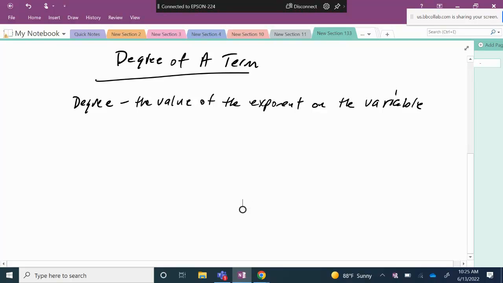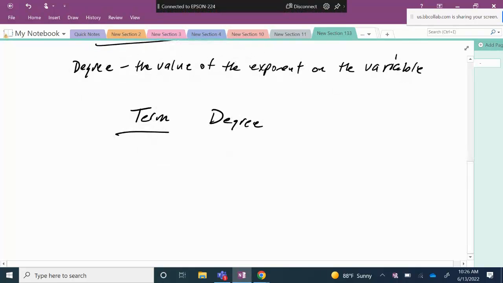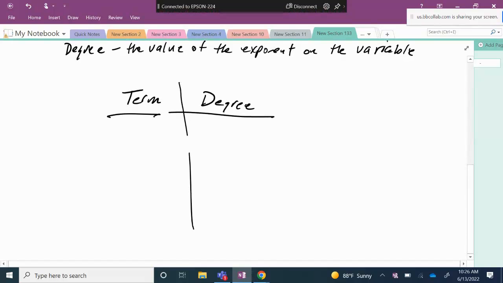So I'm going to list out a chart, and in this chart on one column I'm going to put the term, and on the other column we're going to figure out the degree from the given term. All right, so I'm just randomly writing some terms.